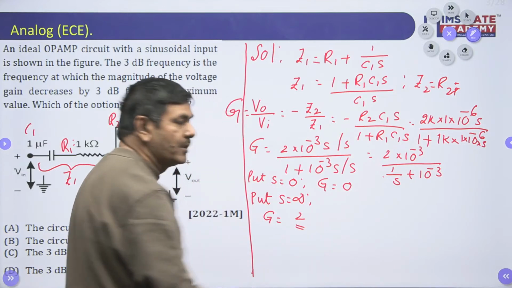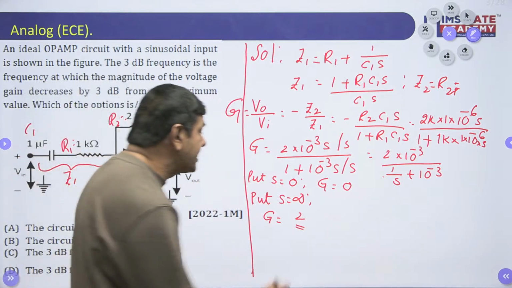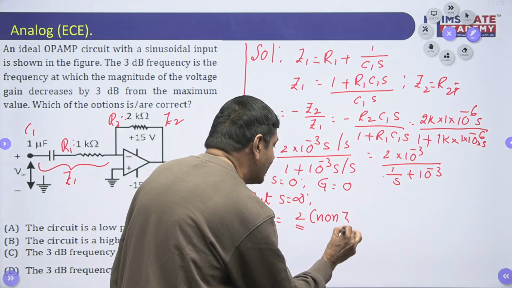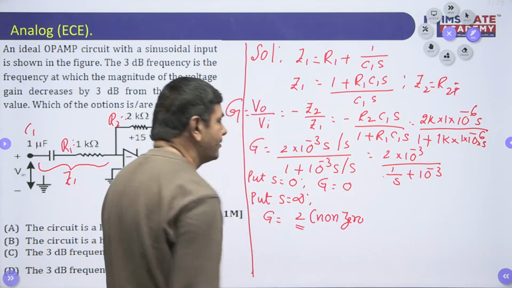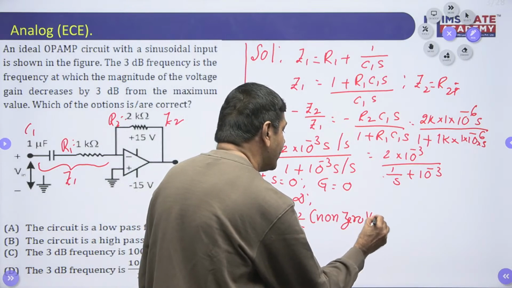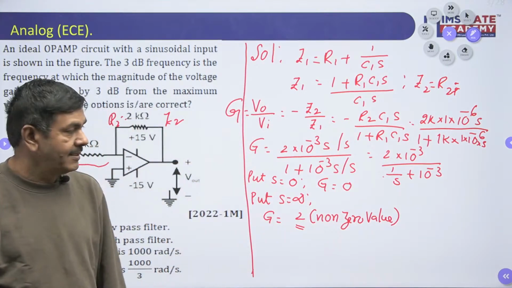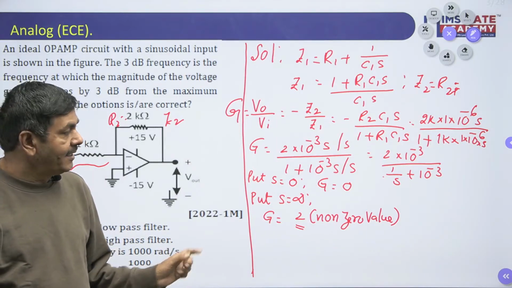Finally we are getting 2, which is a non-zero value. That point is very, very important.